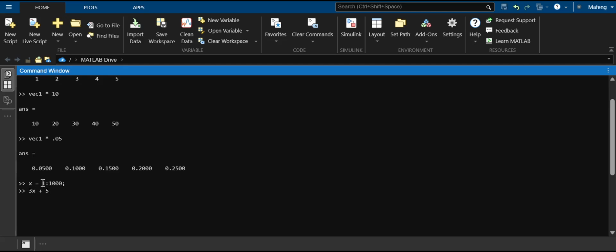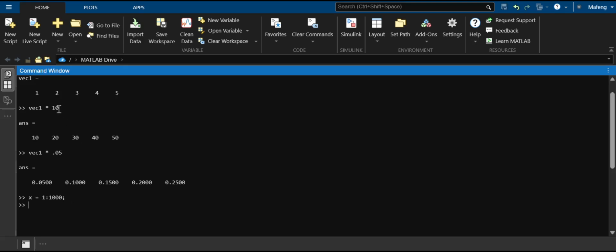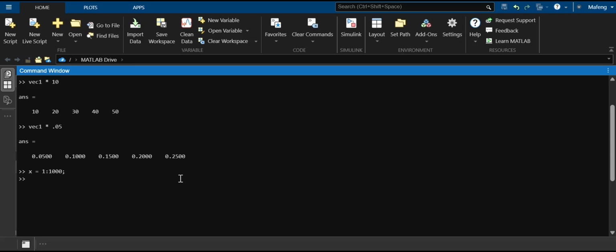So you have from 3 to 3000, right, plus 5. So that will be your expression if you were plotting this out. Okay. So this is scalar multiplication. You're just multiplying by a scalar, and every element in your vector will be multiplied by that scalar.